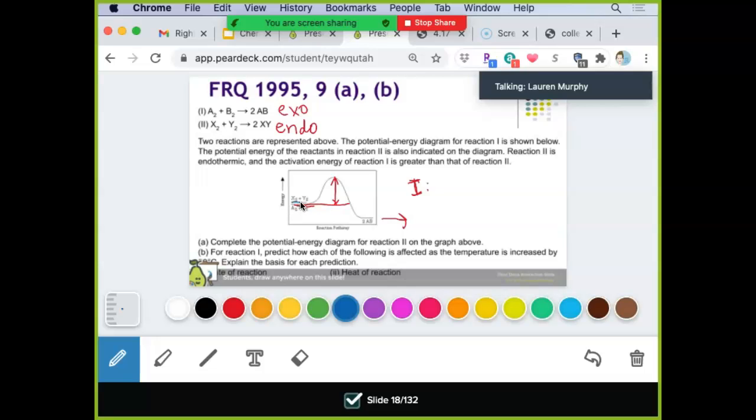So I have to make it with a smaller hill, and I have to have my products have more energy than my reactants. Okay, so again, I'll put fake numbers in here. Let's call this 10. Let's call this 20.